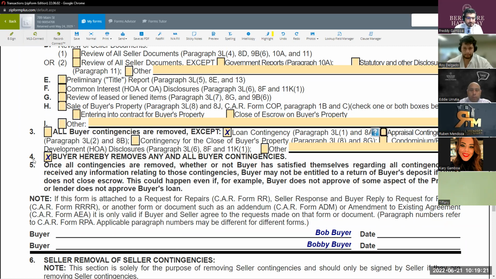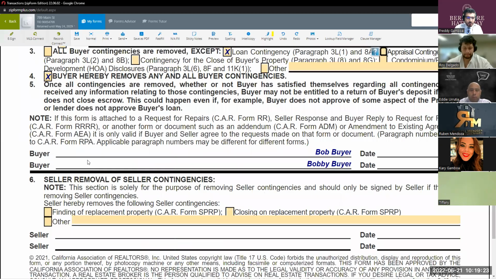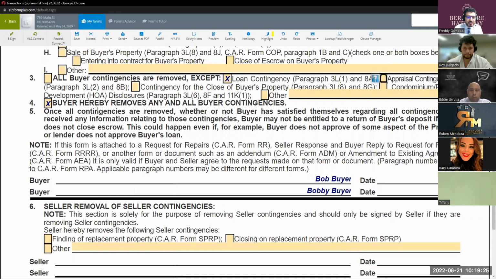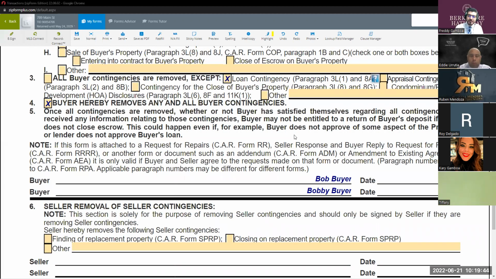By the buyer putting number 4 here and signing below, once all contingencies are removed, whether or not buyer has satisfied themselves regarding all contingencies or received any information related to those contingencies, buyer may not be entitled to the return of buyer's deposit if buyer does not close escrow. This could happen even if, for example, buyer does not approve of some aspects of the property or lender does not approve buyer's loan.